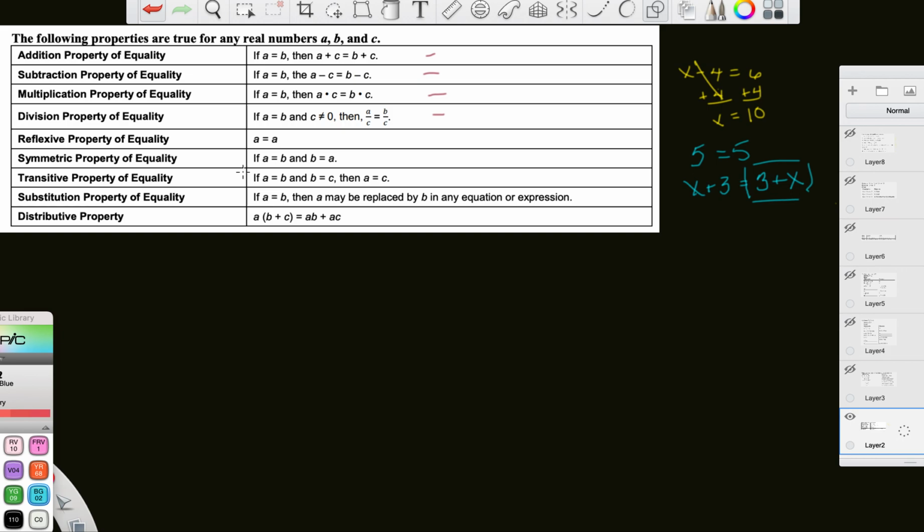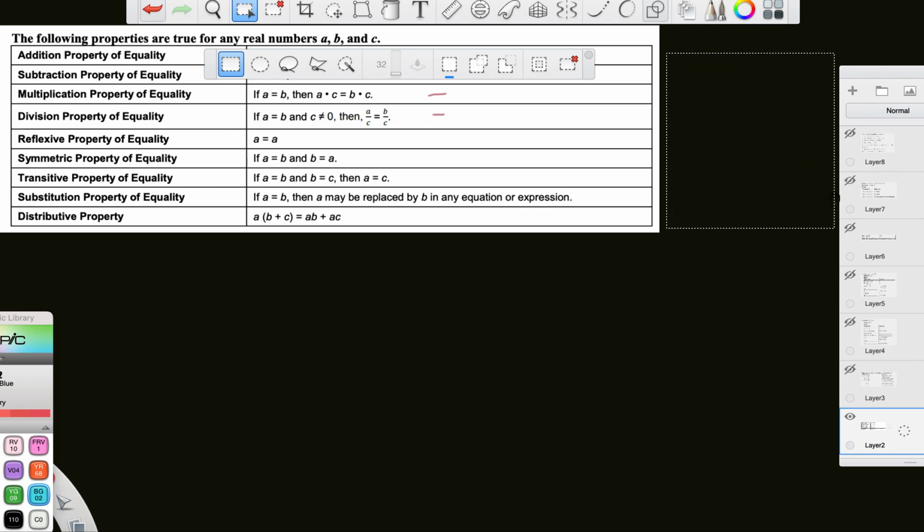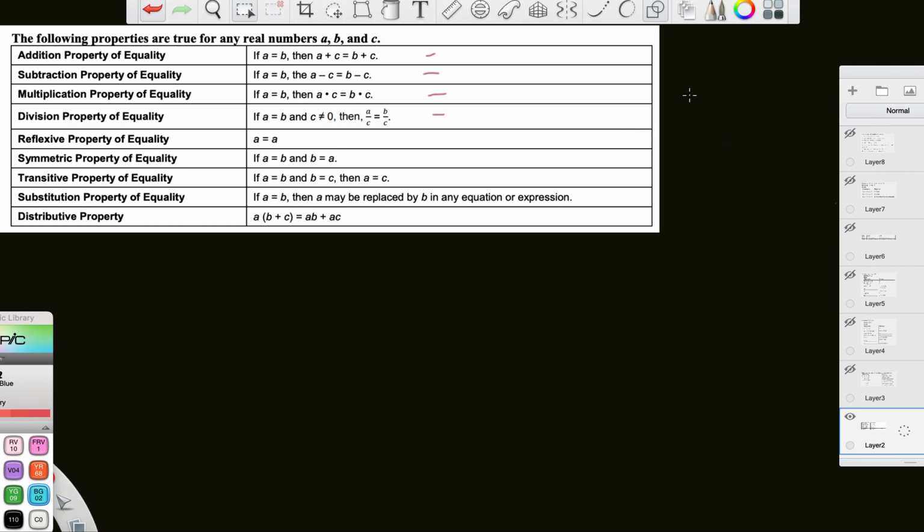Okay, move on, and we're going to talk about the transitive property. So I'm going to get rid of this, and then I'll show you the transitive property. We've already talked about it, but this is if angle 1 is equal to angle 2, and angle 2 is equal to angle 3, then angle 1 is equal to angle 3.